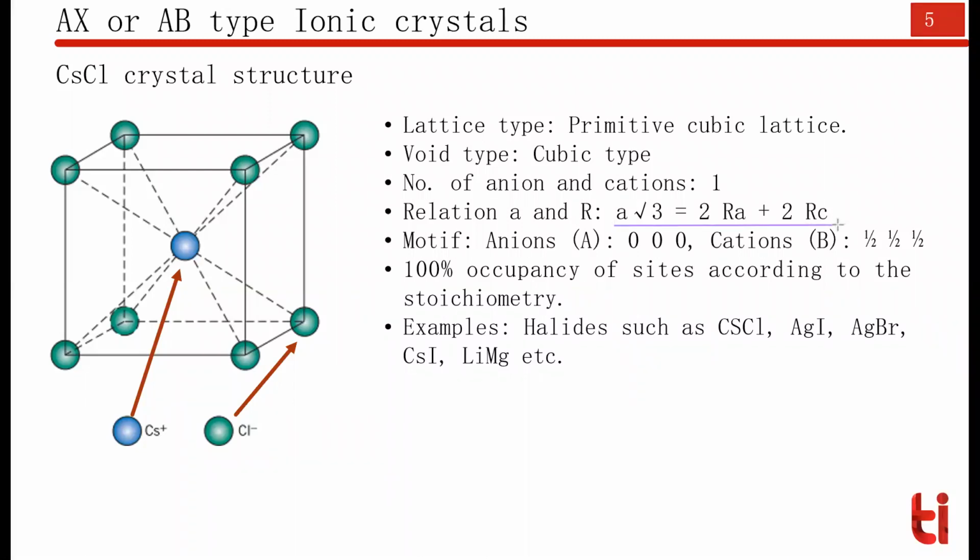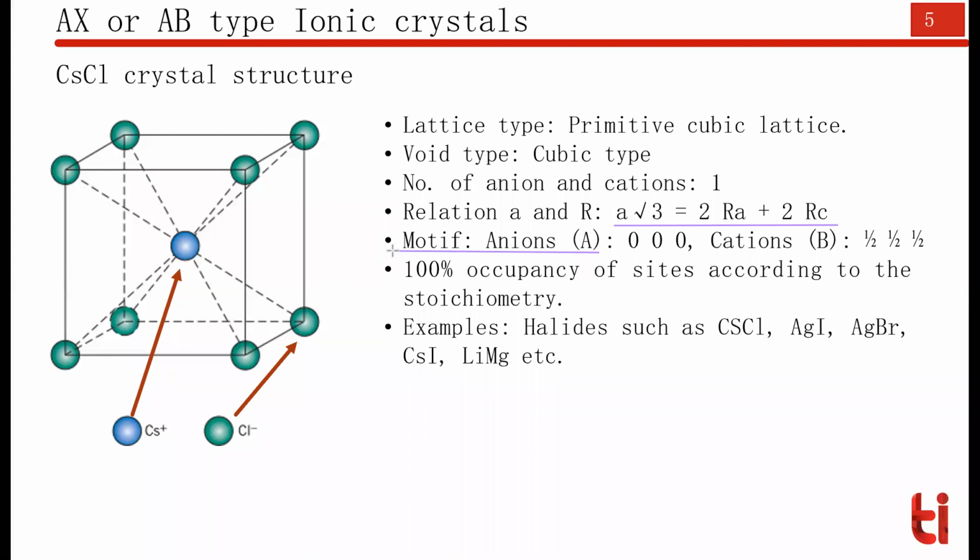Now, what is the position of anions and what is the position of the cations? The lattice position which is occupied by the atom is referred to as the motif. Motif is basically the position of the lattice site which is occupied by an atom. In this case, the atoms are anions and the coordinate position is 0, 0, 0.